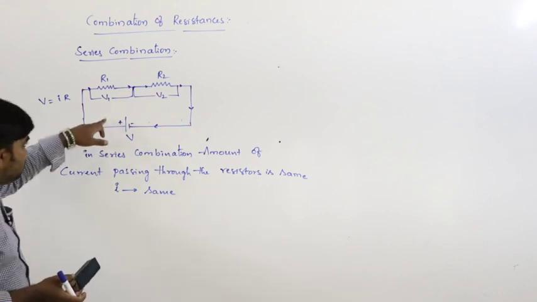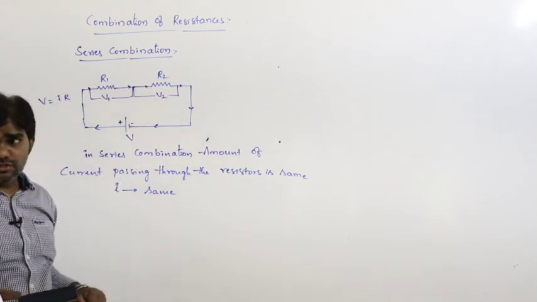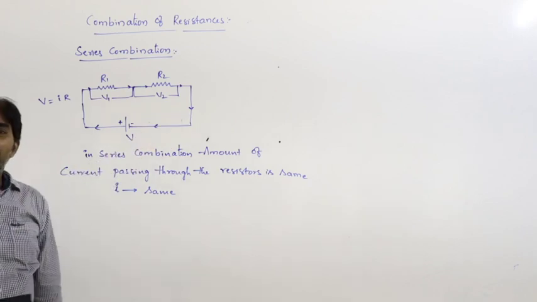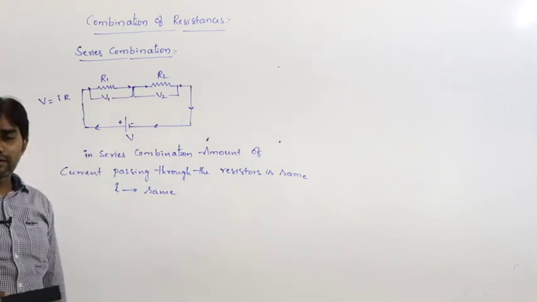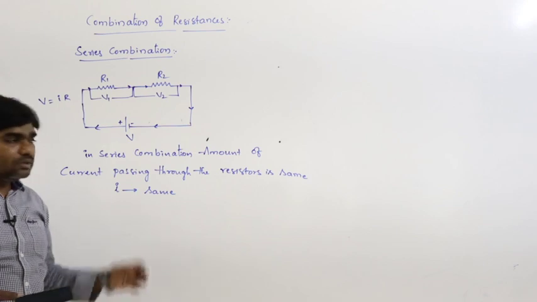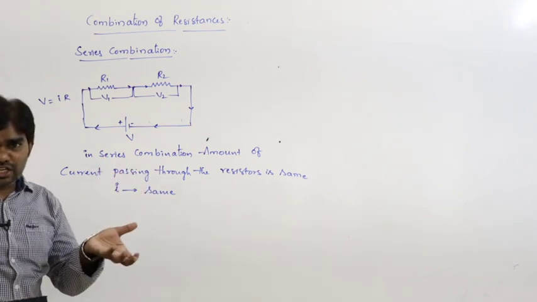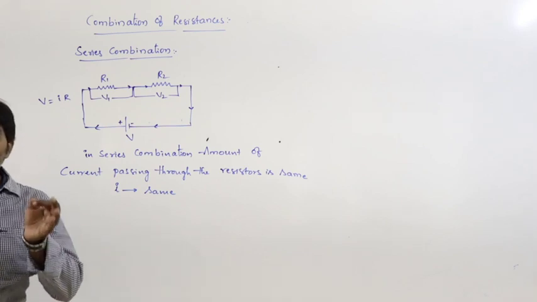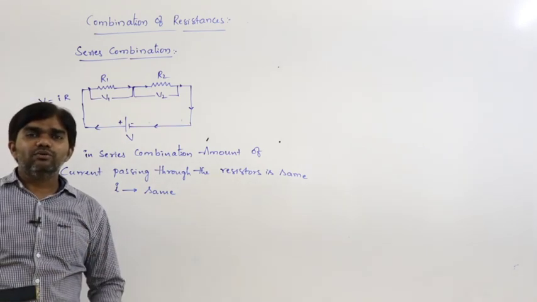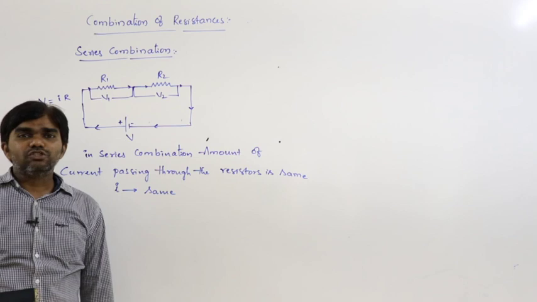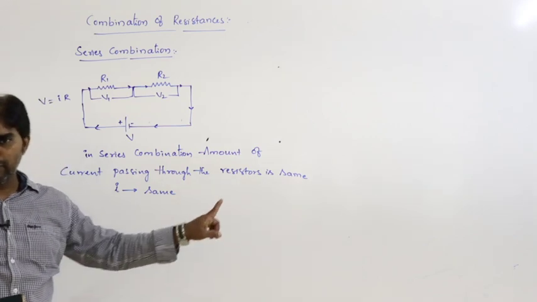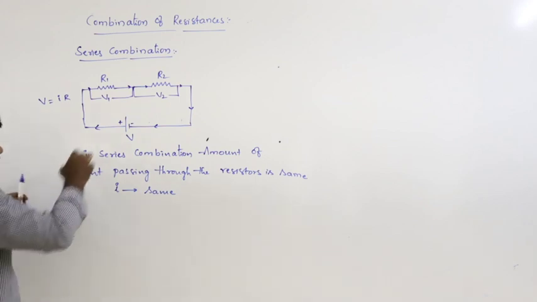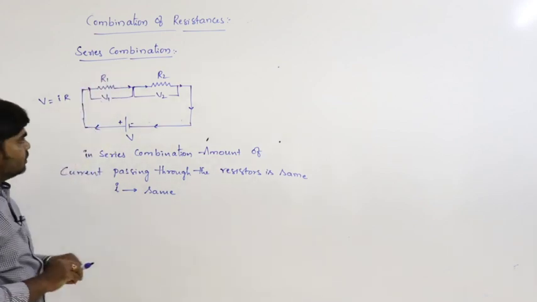That means to drive the charge in the circuit, a certain amount of energy is required. That energy per unit charge is nothing but potential. The amount of work done to drive the charge in the circuit is nothing but electromotive force. Later we can discuss that electromotive force. Here current is flowing through the circuit.